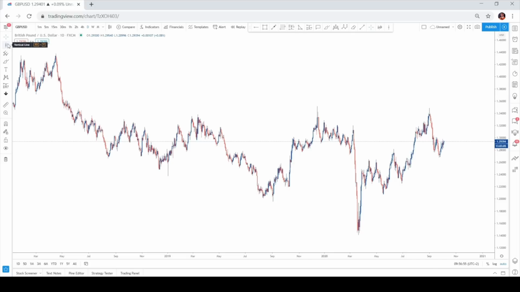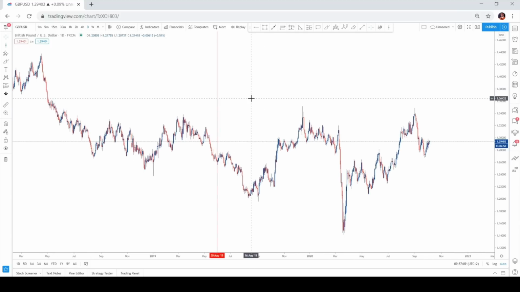Let me put this in an example. Let me click on it. I want to start backtesting from the 30th of May 2019, right here, and then I want to end backtesting on the 1st of July.